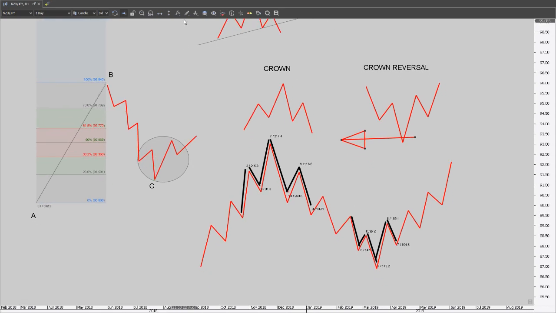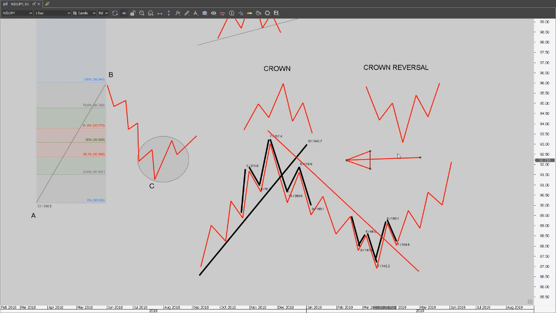And if you want to use trend lines, when the market breaks the trend line, most likely it is going to break it when a crown or a crown reversal appears. See? Okay, of course, this is theory. We are going to check the live markets. I'm going to show you how to read the chart for you to find the crown.